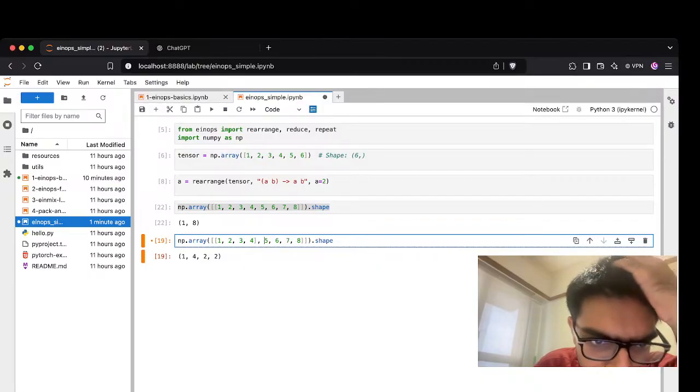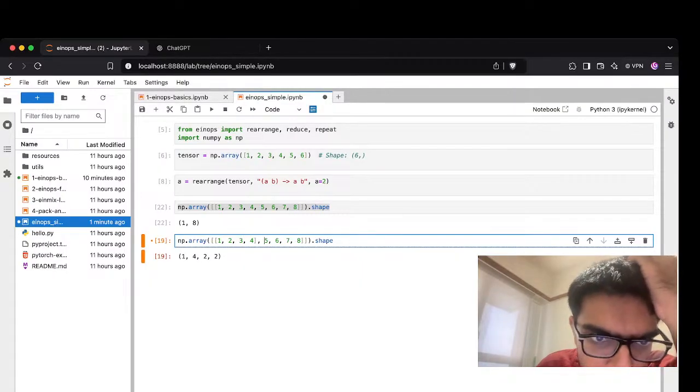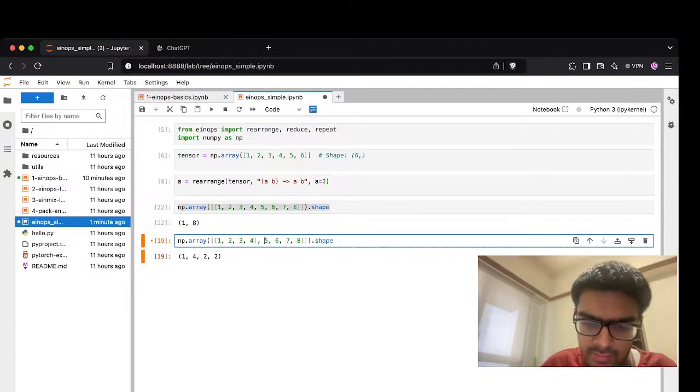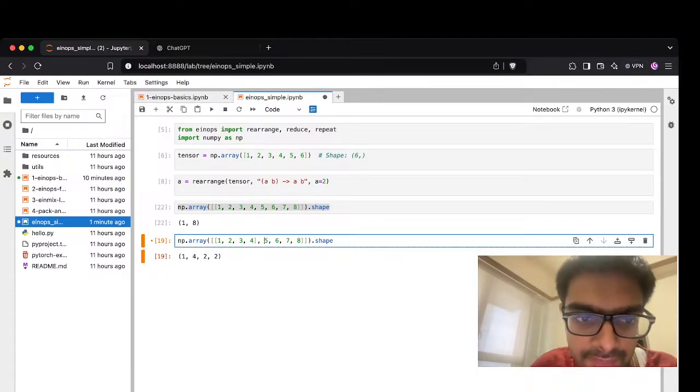So I gotta make 1 comma over here, 1 comma over here, and 1 comma over here, right? And then I gotta np.array this, and then let's check it out. Shape. Yay! I did it. I split it into the exact shape I wanted.